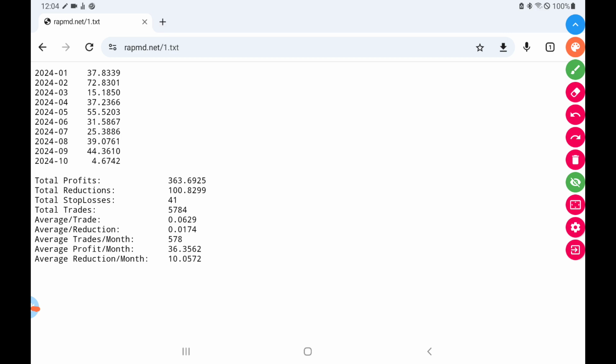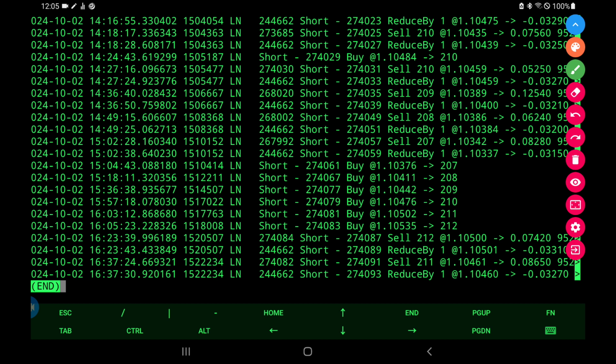Now let's actually see this in a numerical form, looking at the raw numbers from the bot itself. We are now looking at the actual logs from the bot. Every time I sell, every time I reduce, every time I purchase.